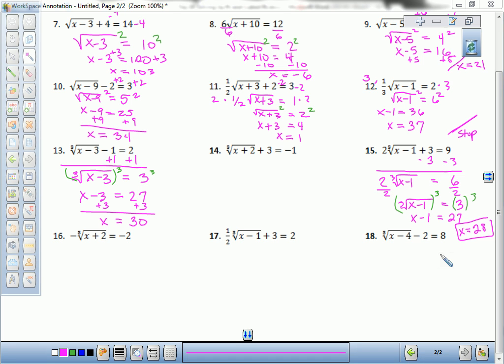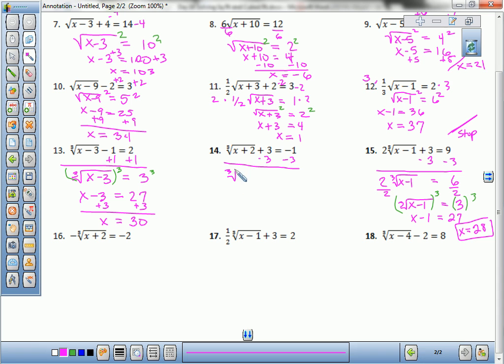Okay, guys. So let's go ahead and go. All right, so we'll subtract the 3 here. And this one, I told you it was okay to have a cubed root equal to a negative number. So this is not no solution. If this were a square root equal to a negative, it would be no solution. But we can have cube roots equal a negative number. So we cube both sides.